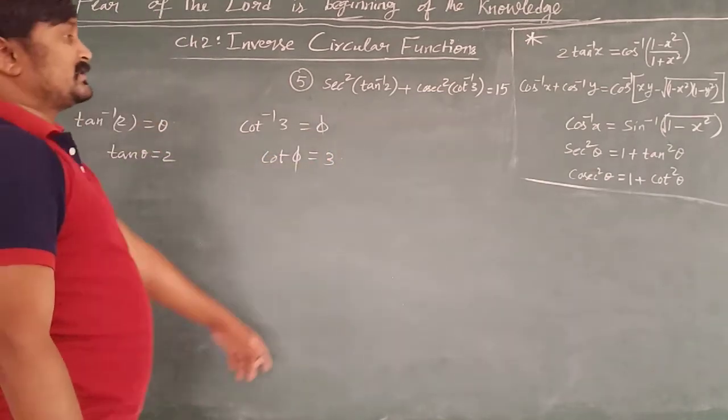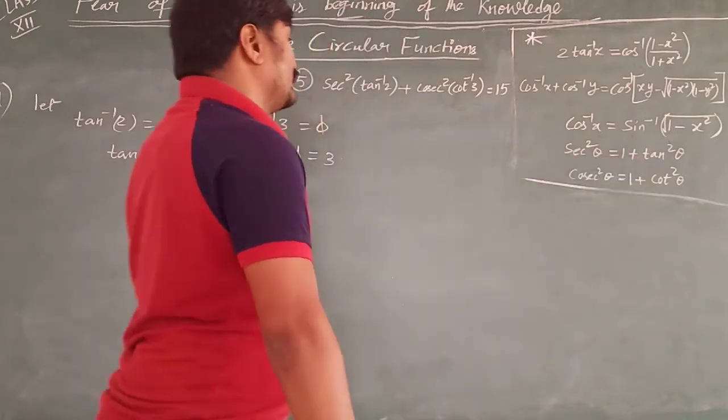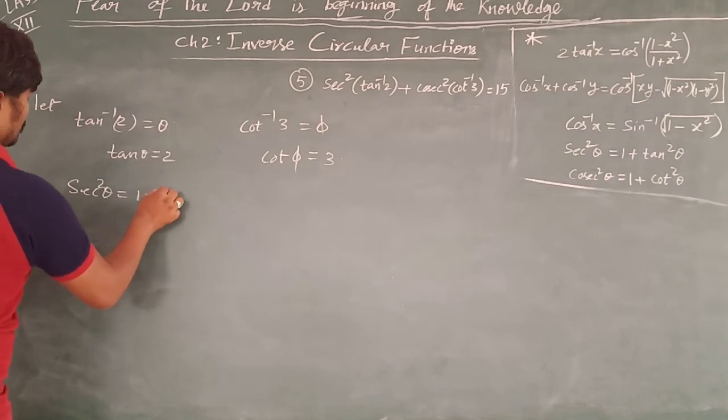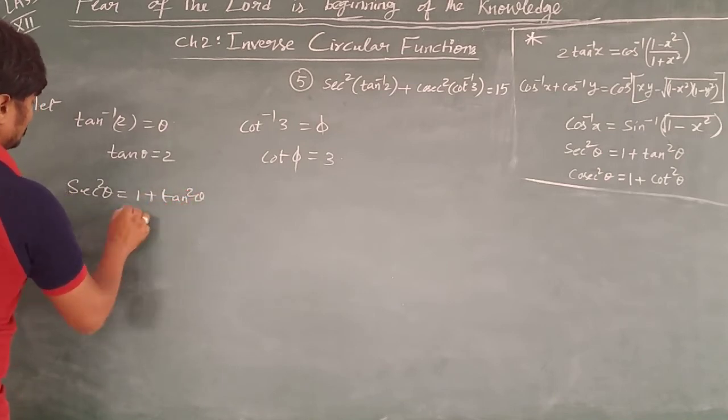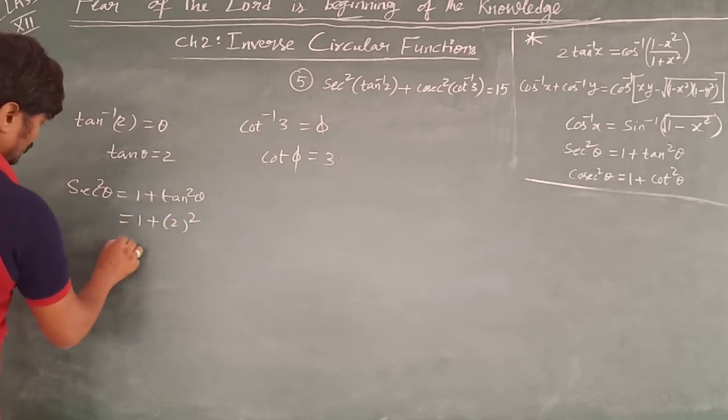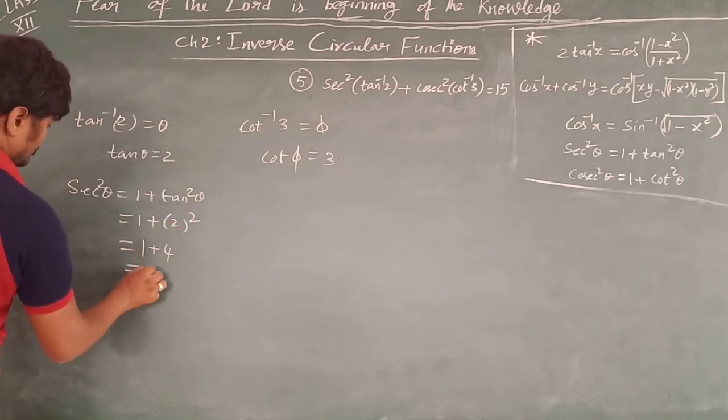You know secant square theta is 1 plus tan square theta, so secant square theta is 1 plus 2 square, that is 1 plus 4, nothing but 5.